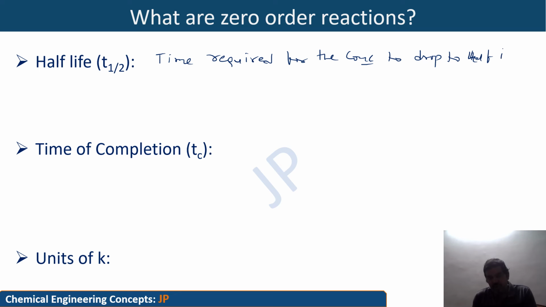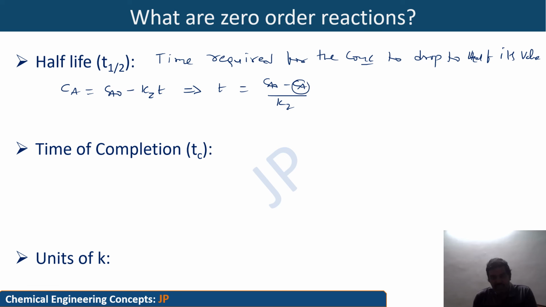If you take the previous expression, that is Ca equals Ca0 minus Kz into t, and if I rearrange it, t is going to be Ca0 minus Ca by Kz.